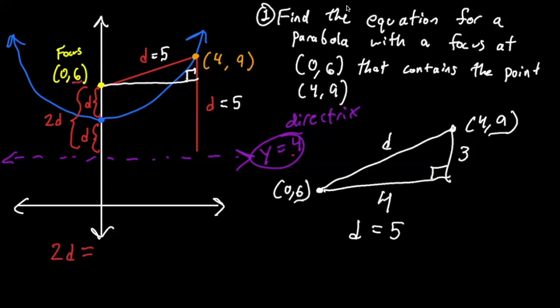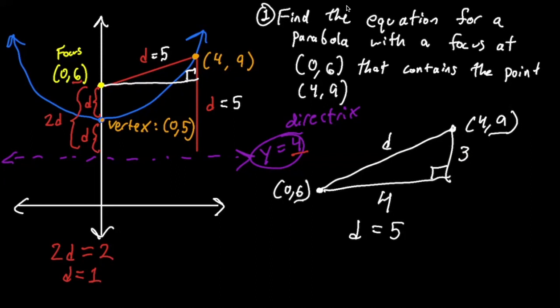So 6 minus 4 is 2. In this case, this distance at the vertex is 1. So this tells us that our vertex is 1 unit below that focus. So our vertex is at (0, 5). In other words, halfway between the focus and the directrix, that point and the line.